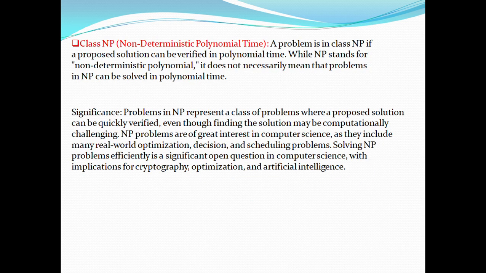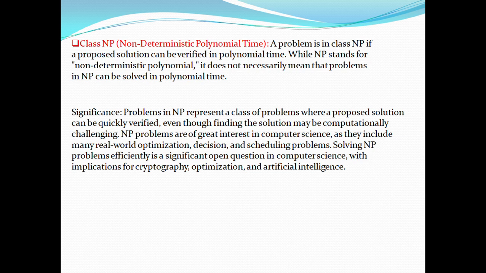algorithm design. The next one is the NP class, non-deterministic polynomial time. A problem is in NP if a proposed solution can be verified in polynomial time, while NP stands for non-deterministic polynomial. It does not necessarily mean that a problem in NP can be solved in polynomial time.